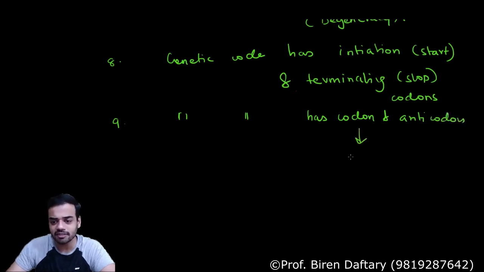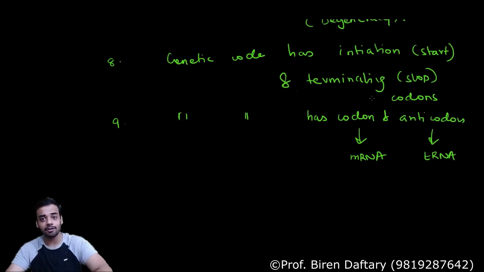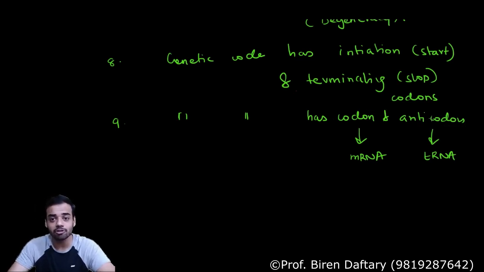Codon is present on mRNA and anticodon is present on tRNA. Please remember, anticodon is also called NODOC because it is complementary. So CODON, NODOC. I think I have taught you this in 11th. So anticodon is also called NODOC. So obviously genetic code has codon and anticodon. So these are the 9 points.